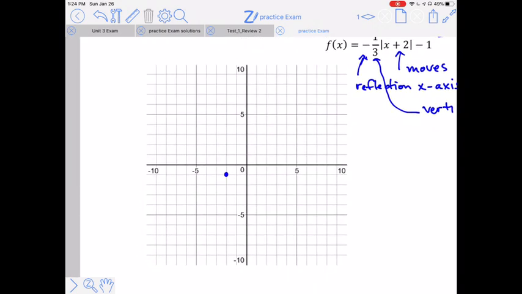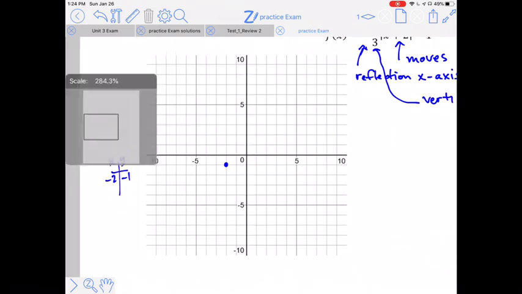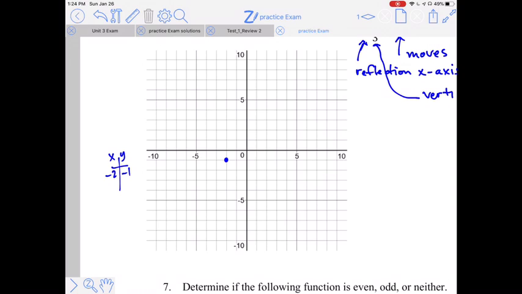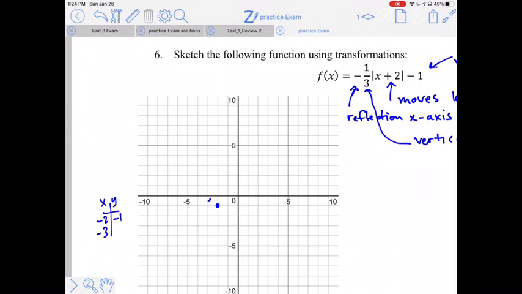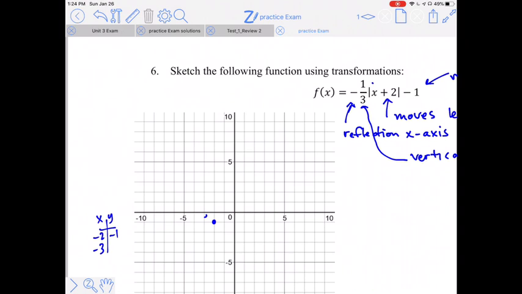So one thing you can do is, now that we know that the vertex is at the point -2, -1, we can make a table of values to find out a couple of other points just so we can have the correct steepness of the graph. So if I plug in -3, for example, for x, which would be a point right here, just on the other side of the vertex, then -3 plus 2 is -1.